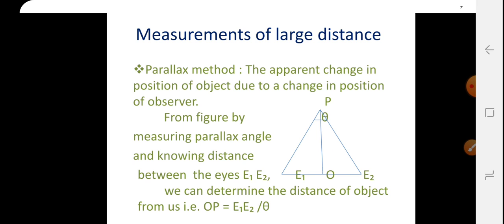By measuring the parallax angle with the separation E1E2, we can determine the distance of the object from us: OP is equal to E1E2 upon theta, or theta is equal to E1E2 upon OP. Using this, we can determine the measurement of large distances.